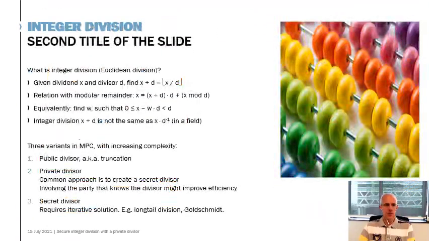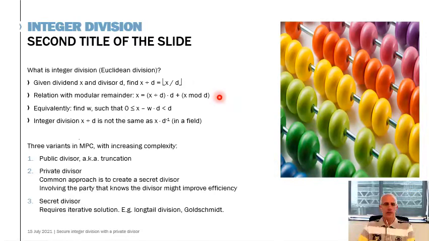What is integer division? Also known as Euclidean division. So you have given an integer dividend x, and the integer divisor d, and you want to compute x divided by d rounded downwards. There's a clear relation with the modular remainder.